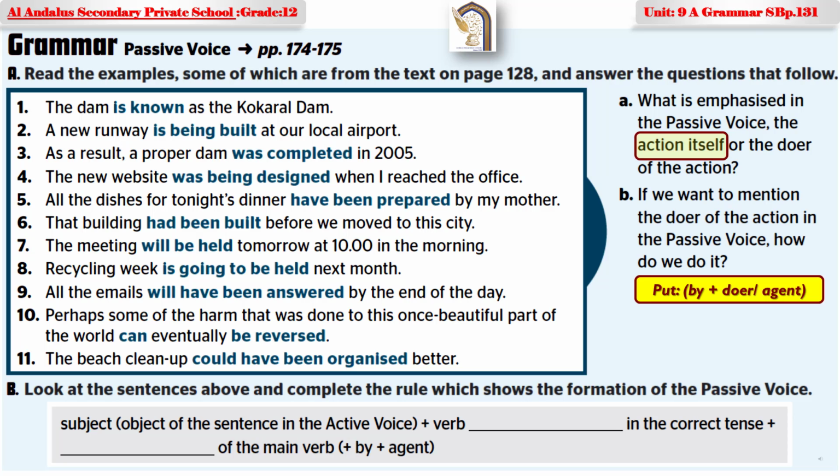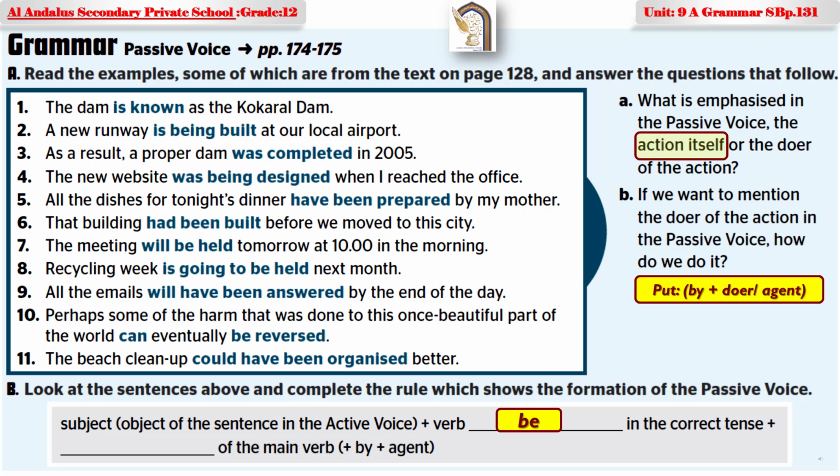Now exercise B. Look at the sentences above and complete the rule which shows the formation of the passive voice. Now, gentlemen, it's clear that our task is to deduce the rule of the passive structure. So the subject of the passive form is the object which is taken from the active voice plus verb be.